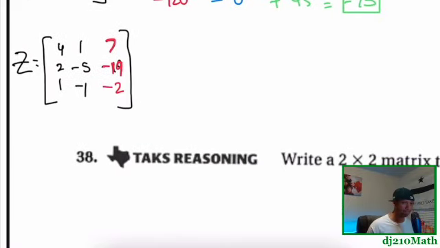Okay. So 4 times the diagonal. 10 minus, there's a positive, 19.